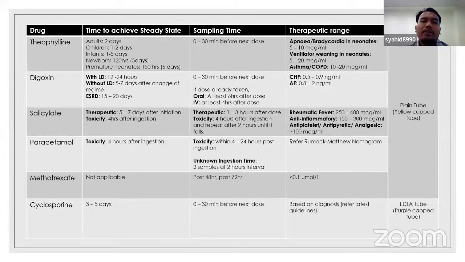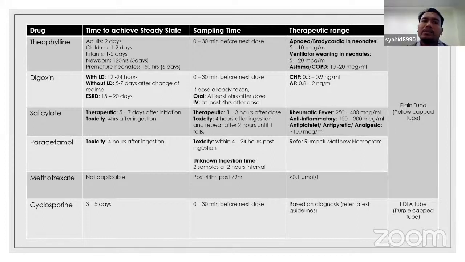Okay, for MTX, time to achieve steady state is not applicable because this is an anti-metabolite that alters the metabolism of folinate. Usually the sampling time, we take the sample post 48 hours and post 72 hours.